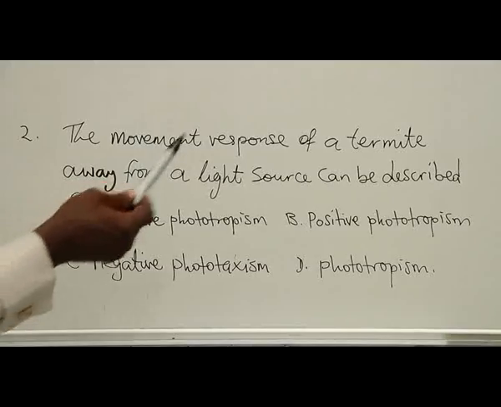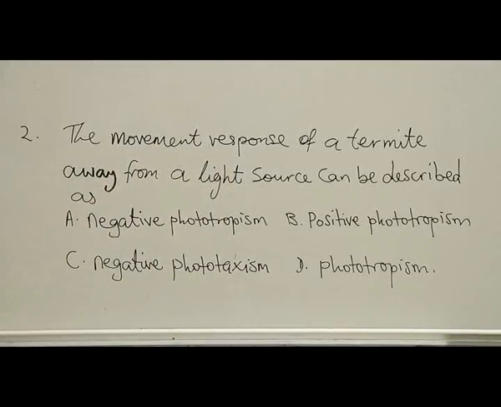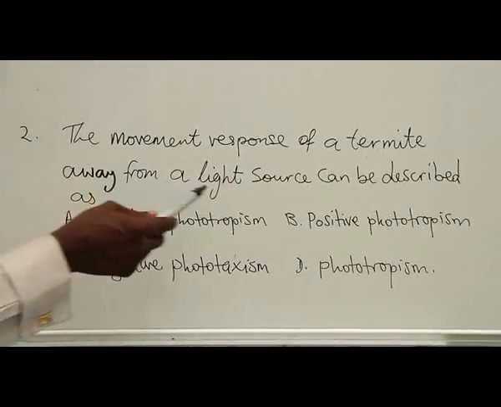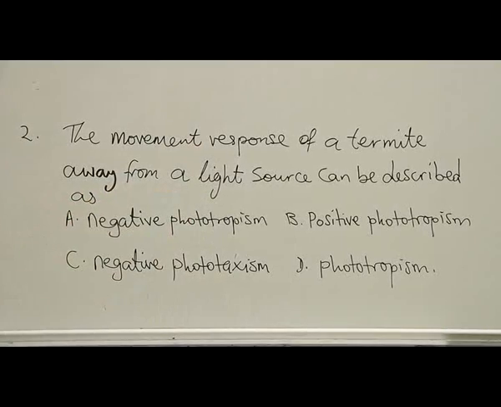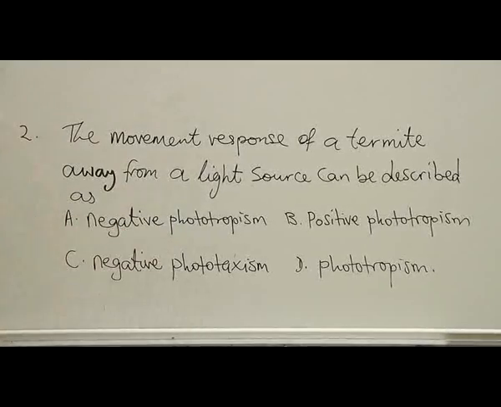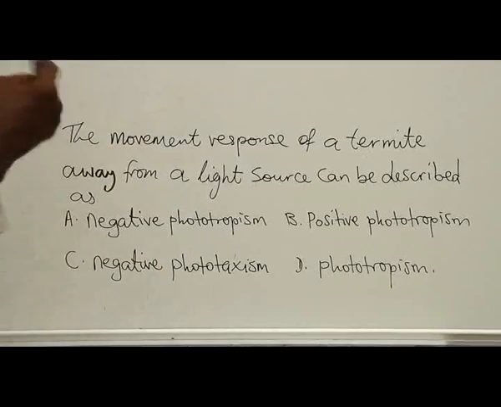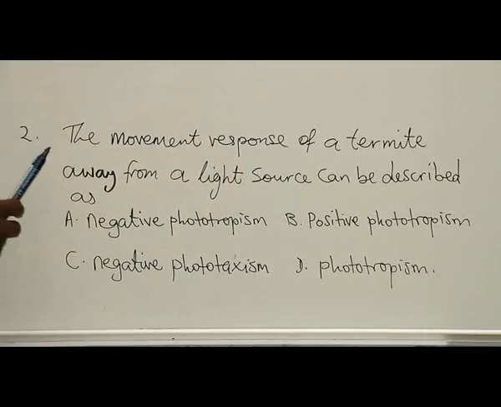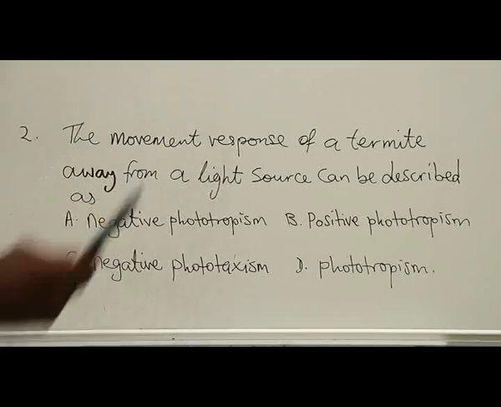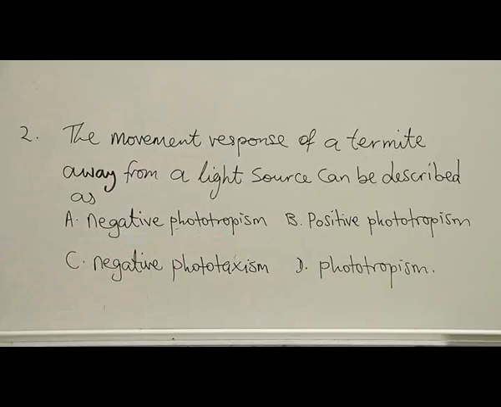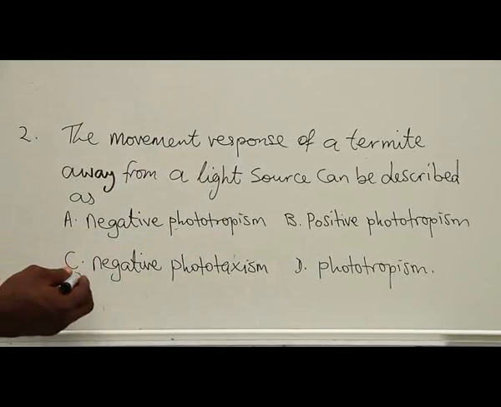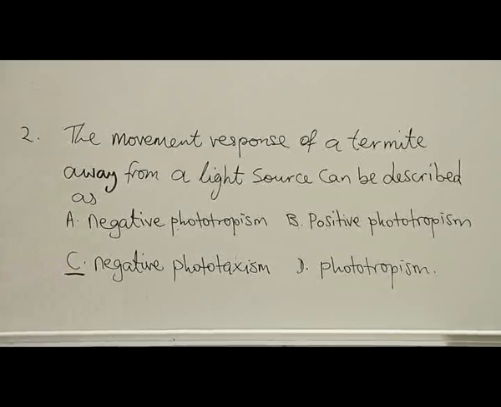Now, when a termite is moving away, the whole body is involved. The movement is due to light, and since it is light, it is photo. It's phototropism if it's directional movement, but this one, the termite can move to anywhere. And not only that, we are not told that the light is coming from one side. So all the phototropism options are out. And if you remove all the phototropism options, we have C as the correct answer.